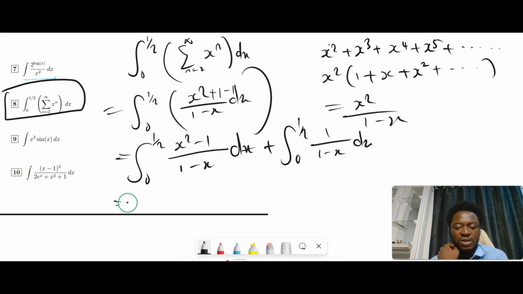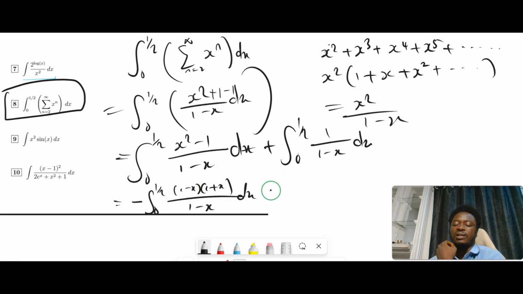Okay, so here you write this as negative times the integral from 0 to 1 over 2 of 1 plus x over 1 minus x dx, and this is a negative logarithm of 1 minus x from 0 to 1 over 2.